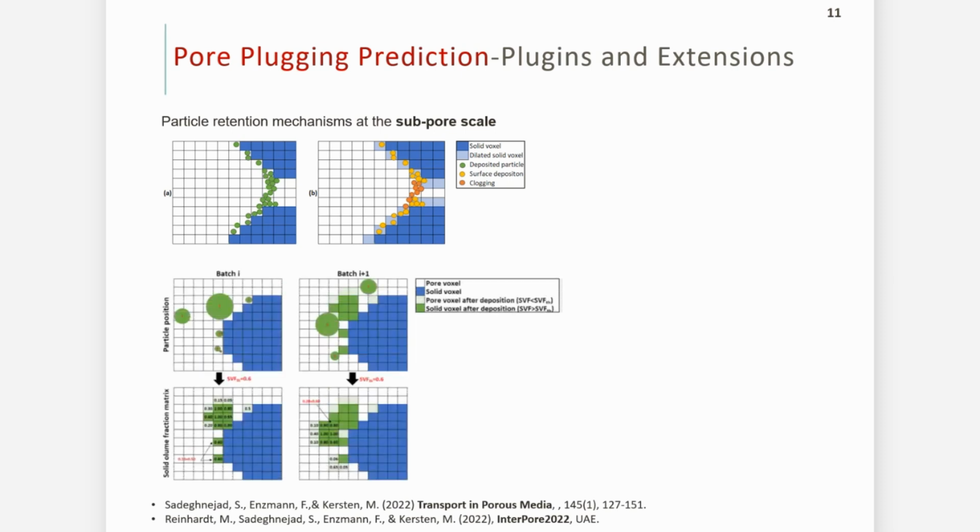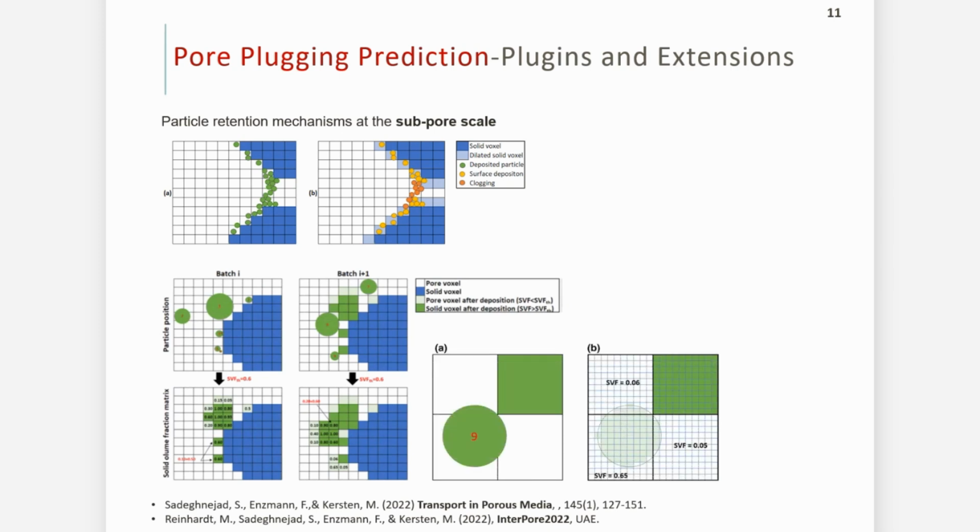So we decided to go through Python scripting and do something very simple but very effective. Here we subdivided each voxel into smaller voxels to find the fraction of each voxel which is occupied by our particles. Here I'm showing large particles, but the case for smaller particles is the same.